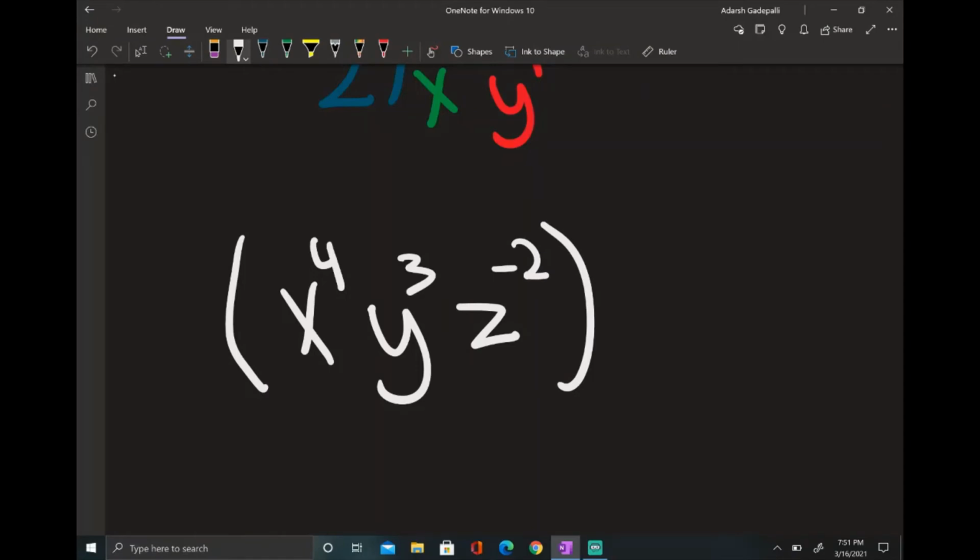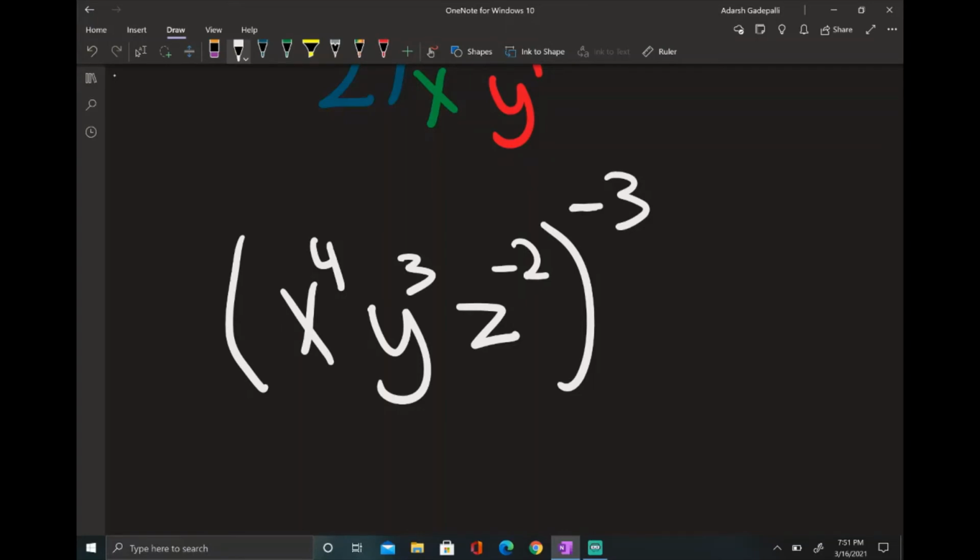And the exponent on the whole parentheses is -3. For now, when you see negative exponents, I suggest you wait until the last step before you convert anything. Just do your general property first.